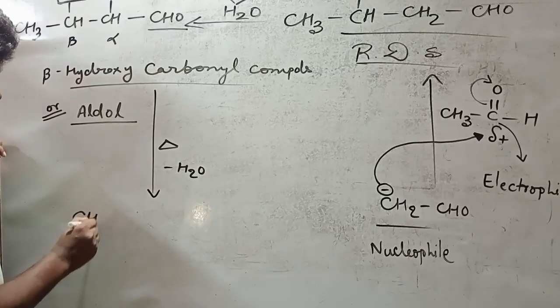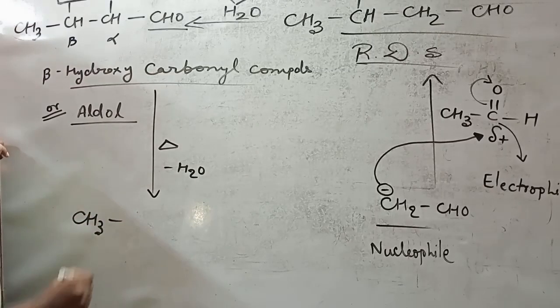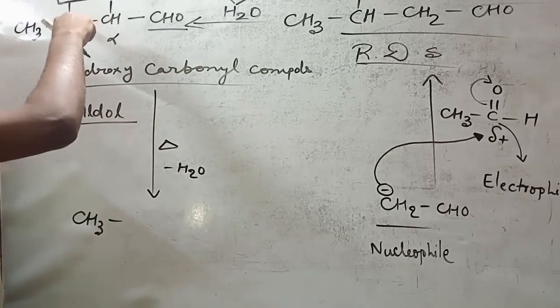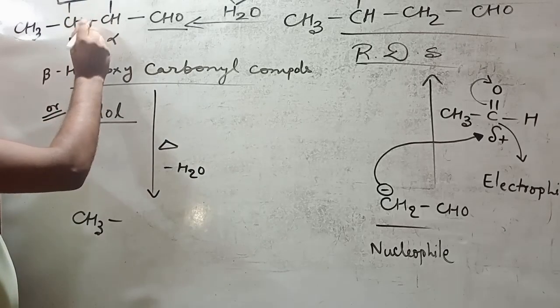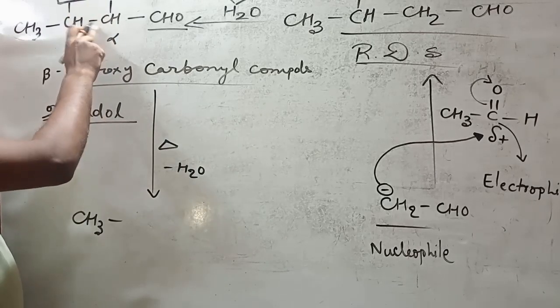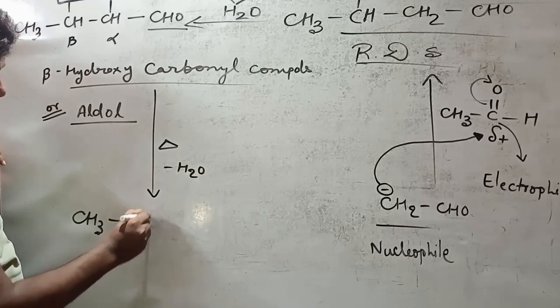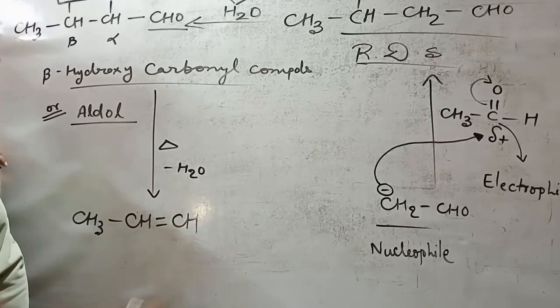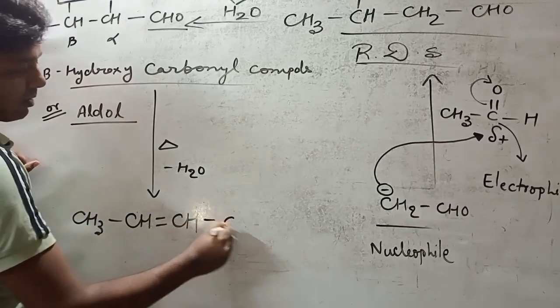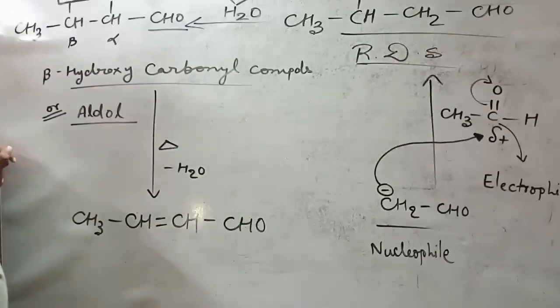The final product will be CH3, and after crossing of one bond, this single bond is converted into a double bond: CH and CHO.